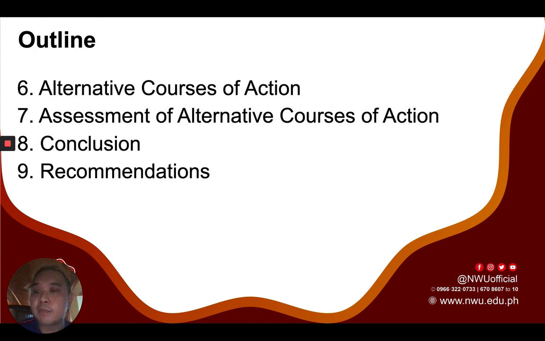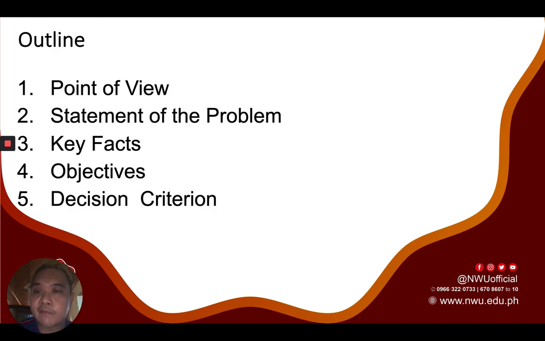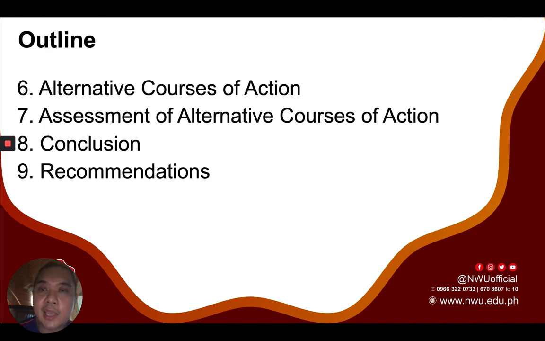What are the possible solutions for the problem in the case? By the way, you can have as many objectives as you want, pero at least tatlong objectives ang state mo sa case analysis mo. At least 3 objectives. Okay? And in your alternative courses of action, list down at least 3 possible solutions.